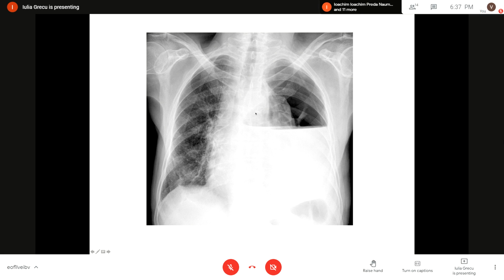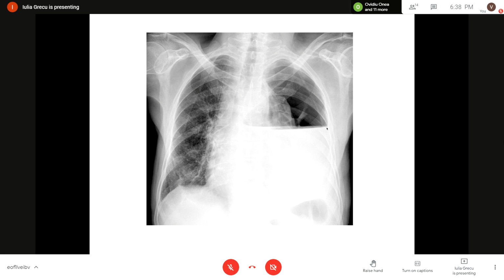It is a free hydropneumothorax because it extends from one edge to another of the left chest cavity, and is typical of hydropneumothorax.